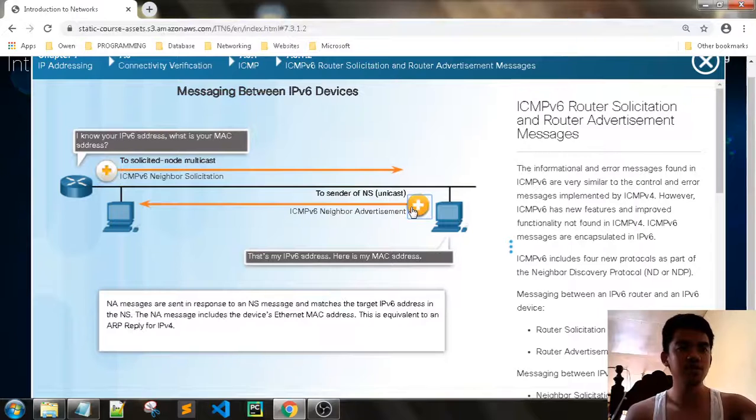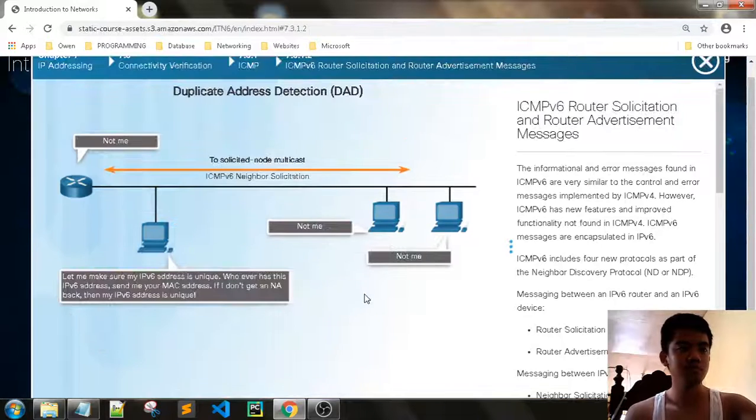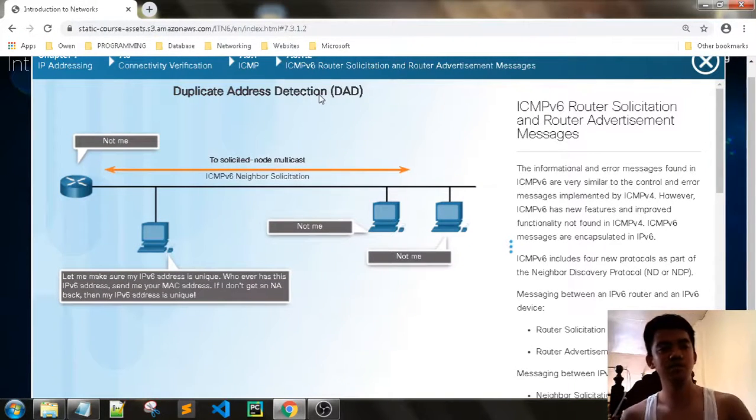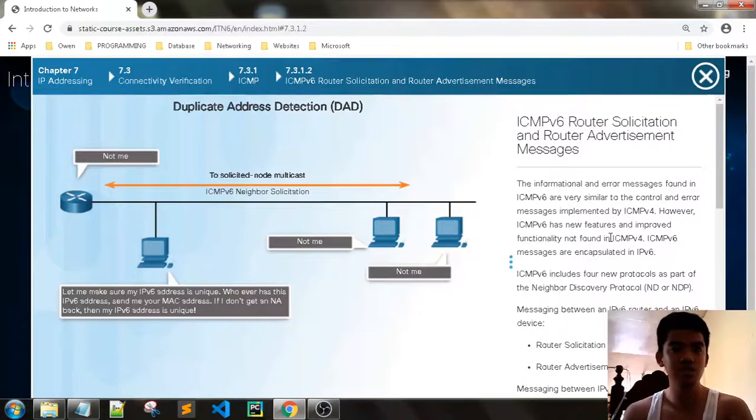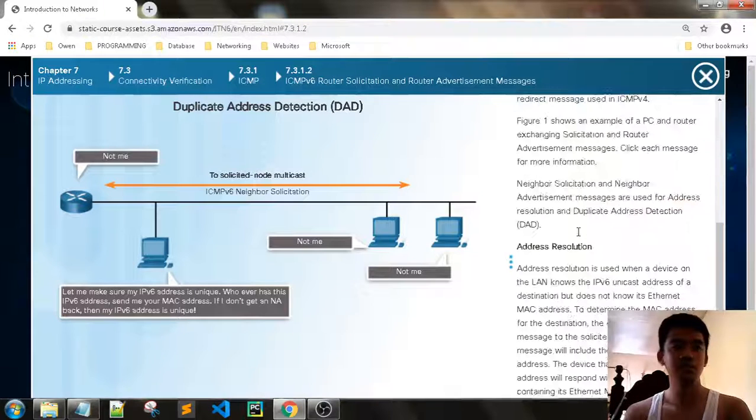Then neighbor advertisement just sends its MAC address. There is also duplicate address detection. Whenever a device has obtained an IPv6 address, it sends a neighbor solicitation to detect if there is a device that has the same IPv6 address.